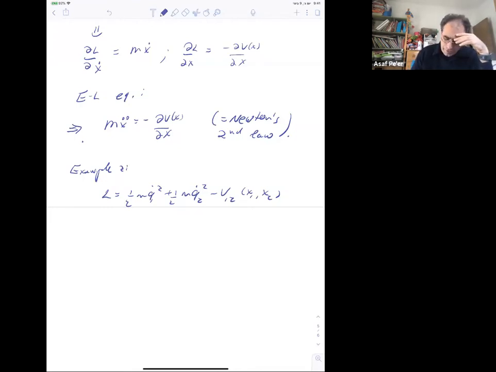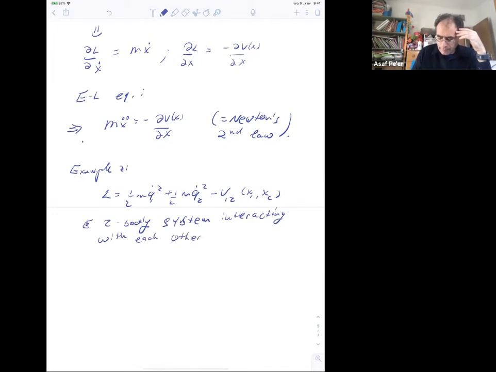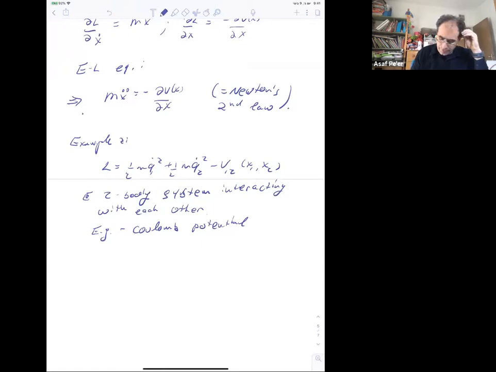So for example, this is a two-body system interacting with each other. And V can be Coulomb, for example: V12 of x1, x2 is just q1 q2 over x1 minus x2.